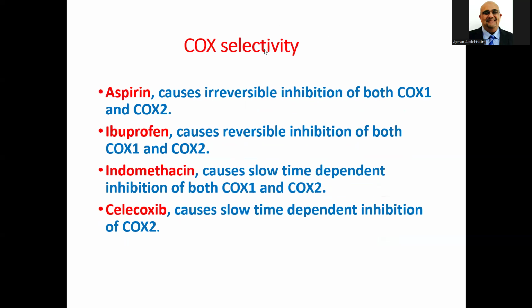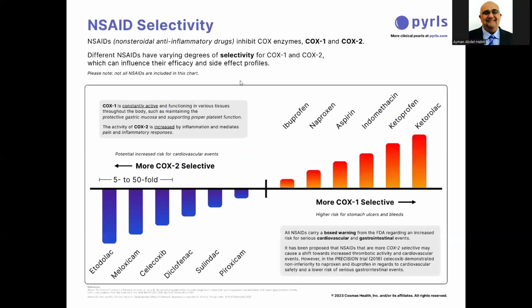COX-2 selectivity varies from aspirin to celecoxib, which has more COX-2 selectivity versus aspirin, which causes irreversible inhibition of both COX-1 and COX-2. I got a kind of updated picture for NSAID selectivity.